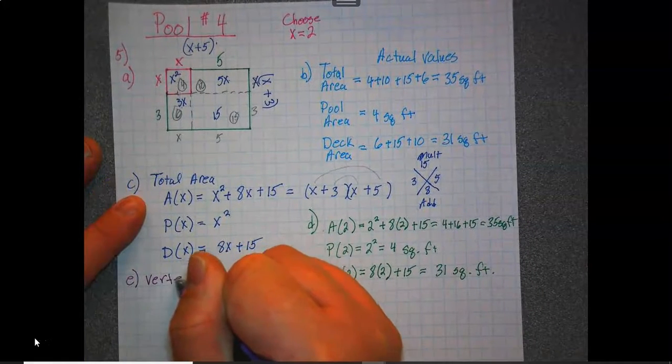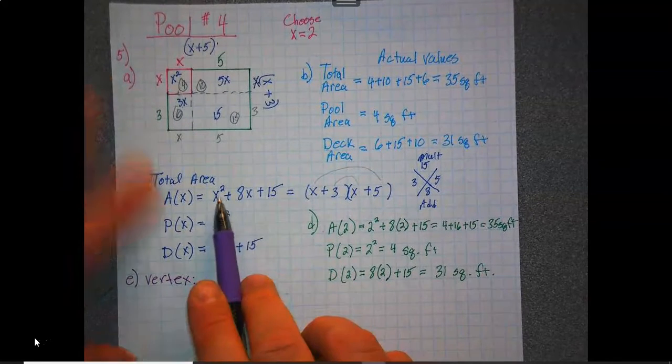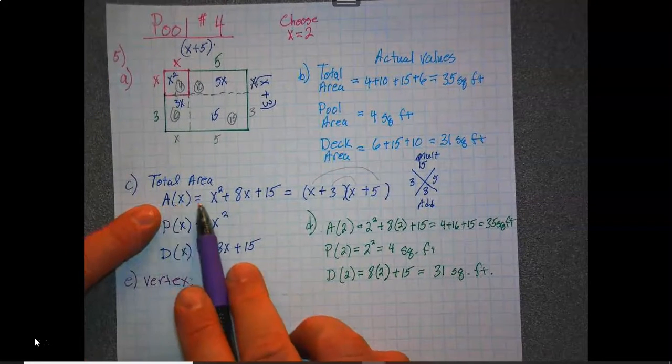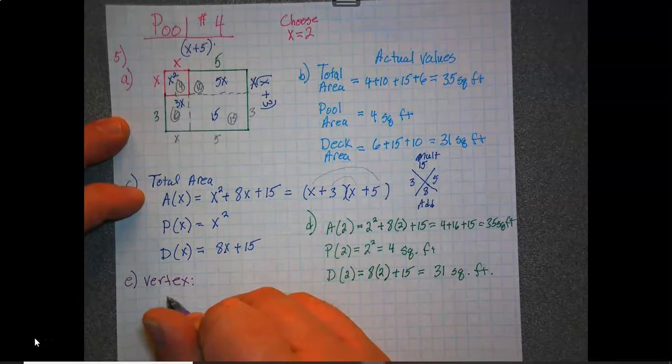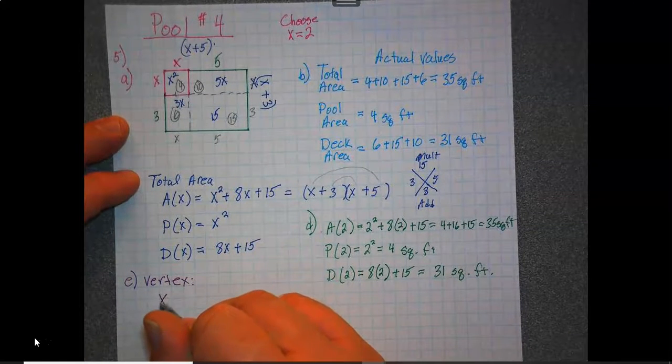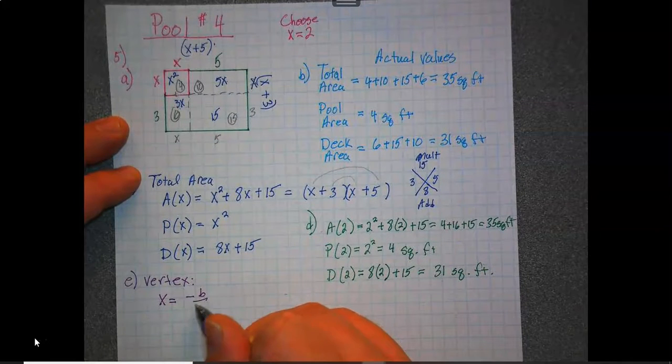Does anybody remember how to find the vertex of a quadratic? There's quite a few ways. Of course, I'm always going to show you the hard one, because I think the harder it is, the funner it is. Now we're in standard form here, y equals ax squared plus bx plus c. To find the x-coordinate of the vertex, we have a formula, negative b over 2a.